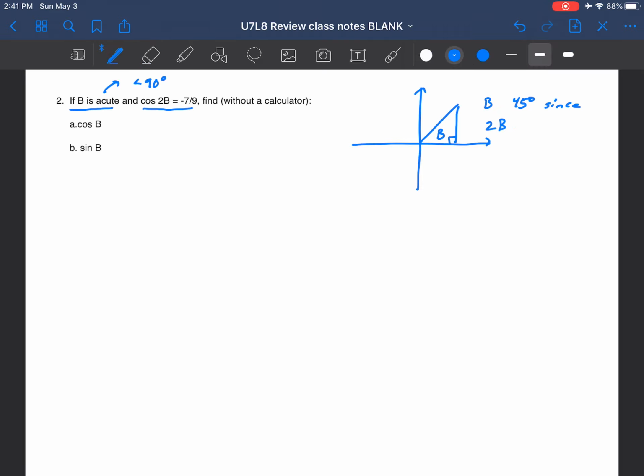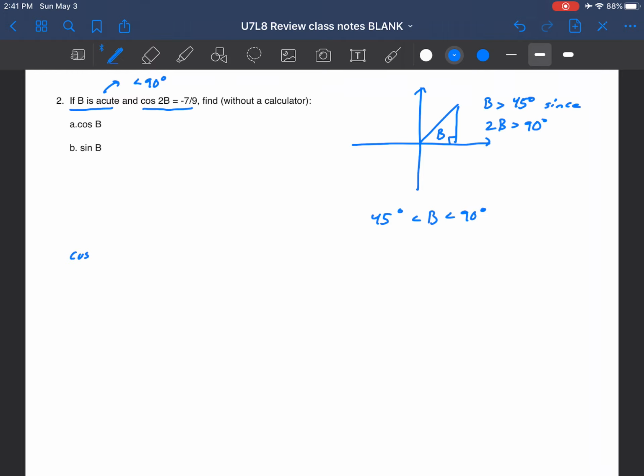I want greater than, right? B is greater than 45 since 2b's got to be greater than 90. So we know basically that B is between 90 and 45 degrees. Okay, what's the cosine of B and what's the sine of B?